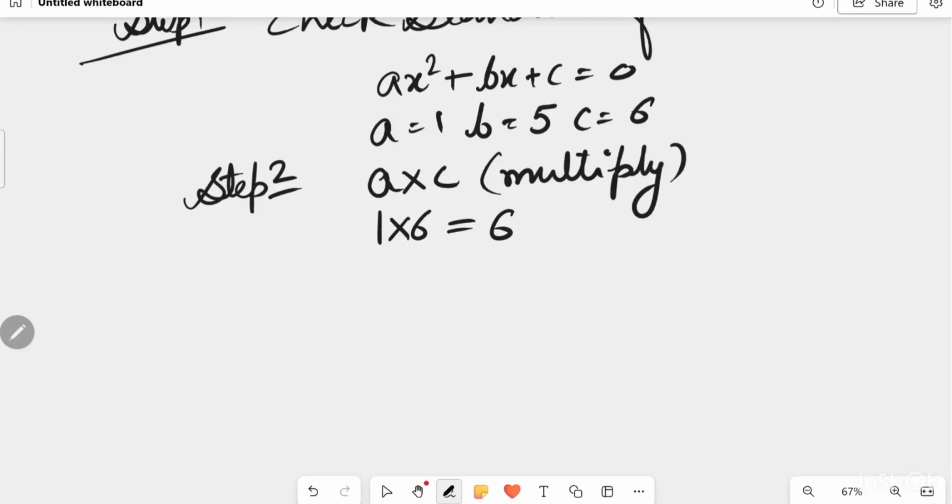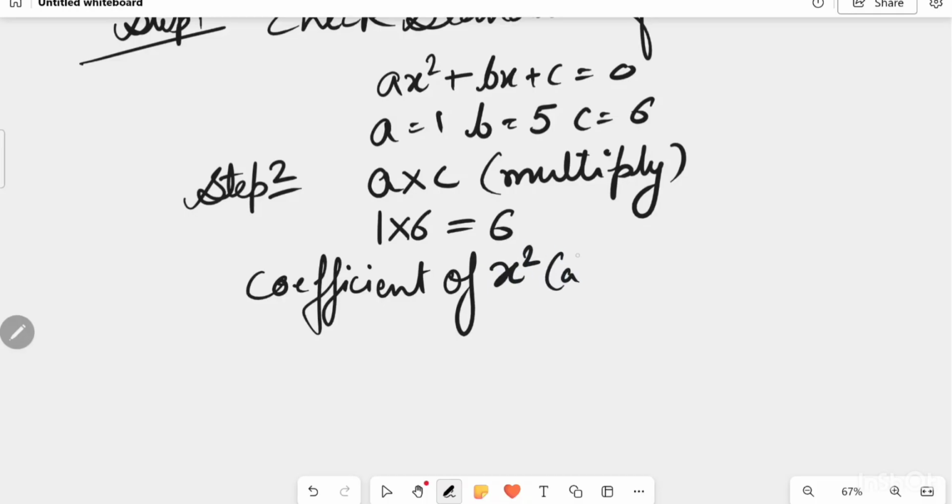We will multiply the coefficient of x square, that is a, with the constant term c. So a into c is 6.